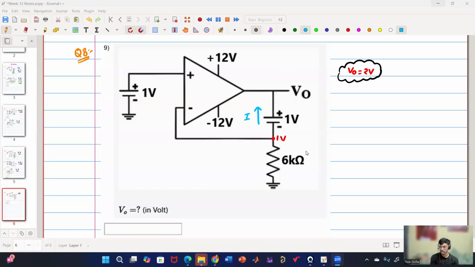Then I'll let you know the answer. Yes. So Gyanendra also says minus 1 by 6K. Okay. What about others? Are you able to get it? Maybe I'll wait for 1 or 2 more minutes. Just give it a try. Then I'll tell the solution.